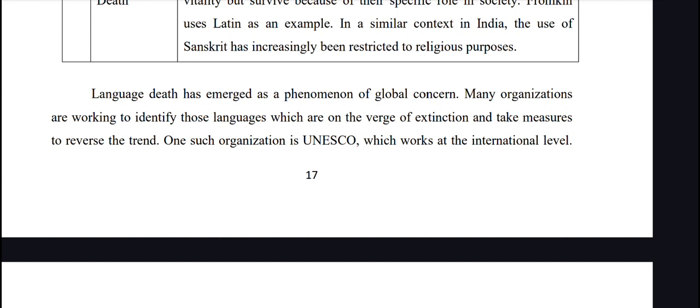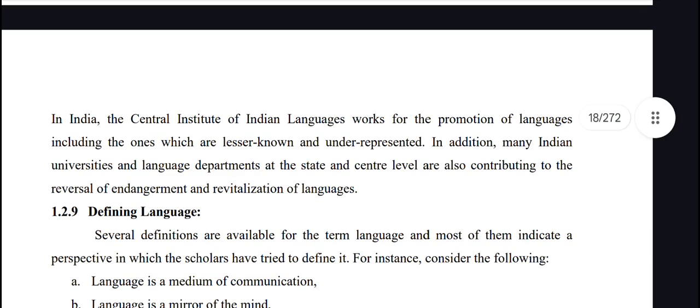Language death has emerged as a phenomenon of global concern. Many organizations are working to identify those languages which are on the verge of extinction and take measures to revive them. One such organization is UNESCO, which works at the international level.